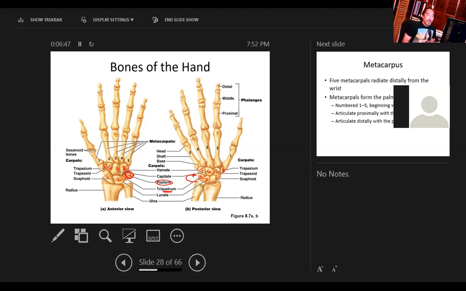Isn't 3 the triquetrum and 4 the pisiform? Number 4 is seated on top of the triquetrum. Number 4 is pissing off the triquetrum. Why? It's sitting on top of the triquetrum. So number 3, the triquetrum, is trying to quit. That's how anatomy works.